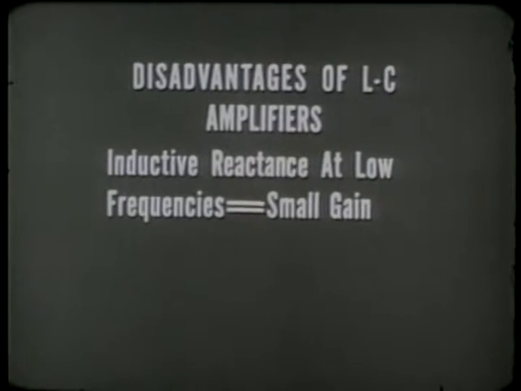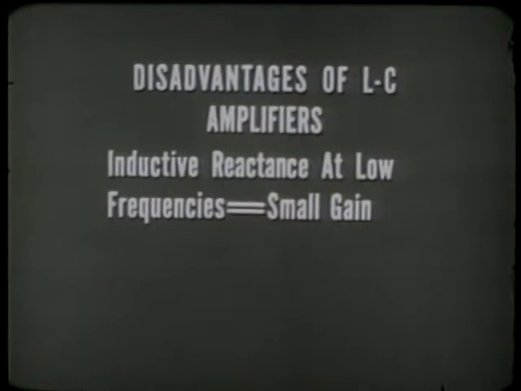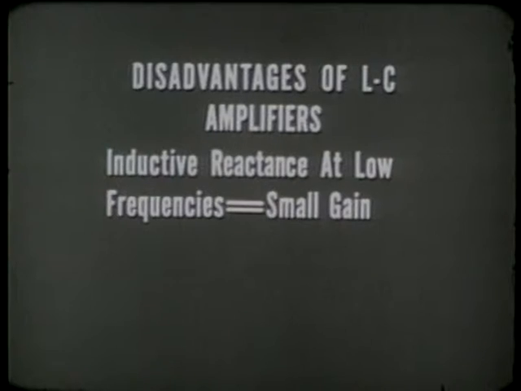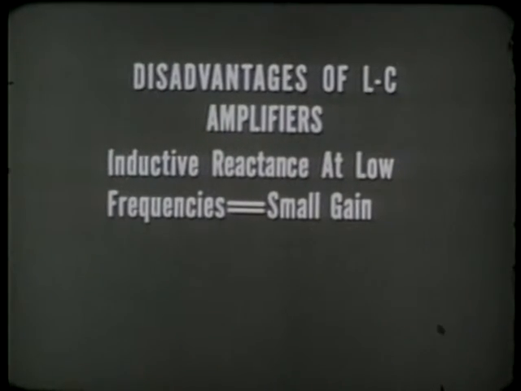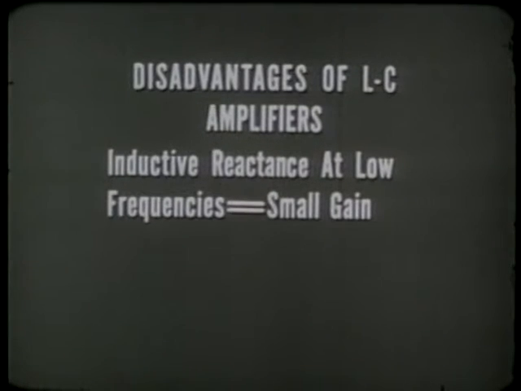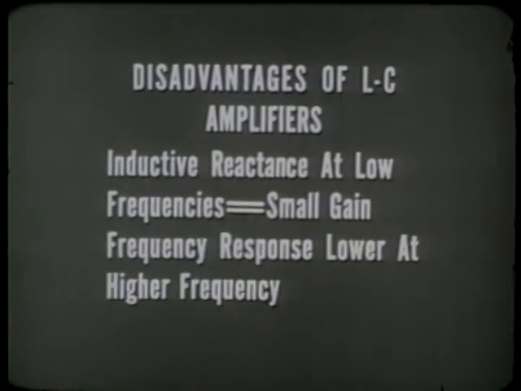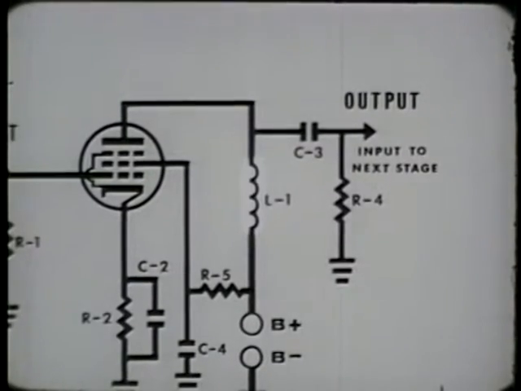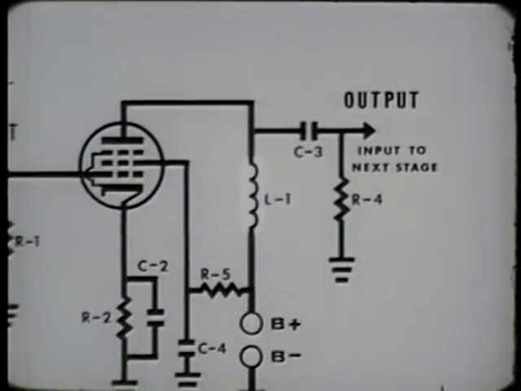Due to the inductive reactance of the inductor at low frequencies, the gain is small. As the frequency is increased, the gain increases until the distributed capacitance of the circuit nullifies any further gain, and frequency response drops off. Therefore, around the middle of the audio frequency range, the LC amplifier will give maximum gain.